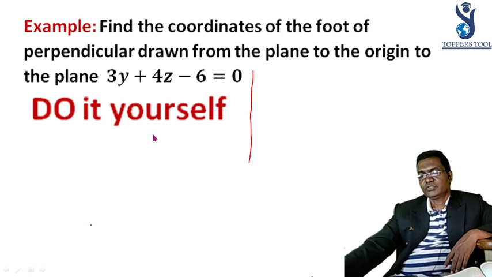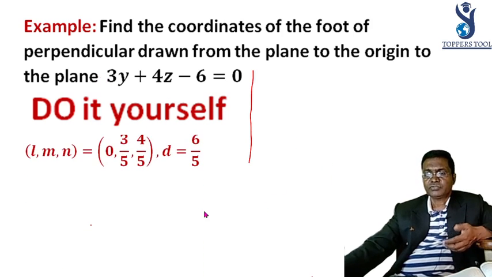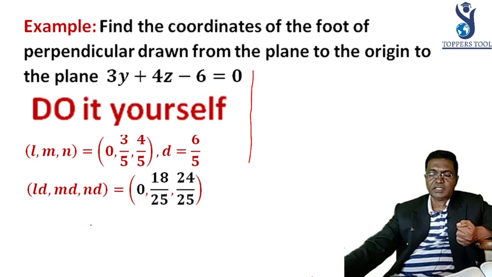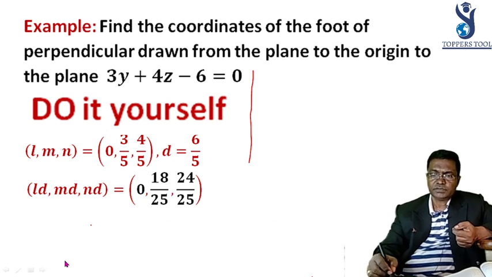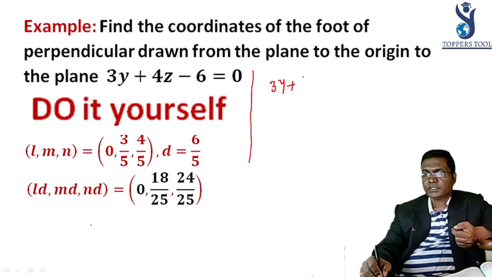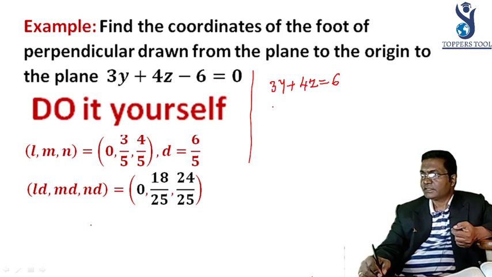Here x is not there, which means you can take it as 0x. So the answers are this. Let me show you. The given plane can be written as 3y plus 4z equal to 6.